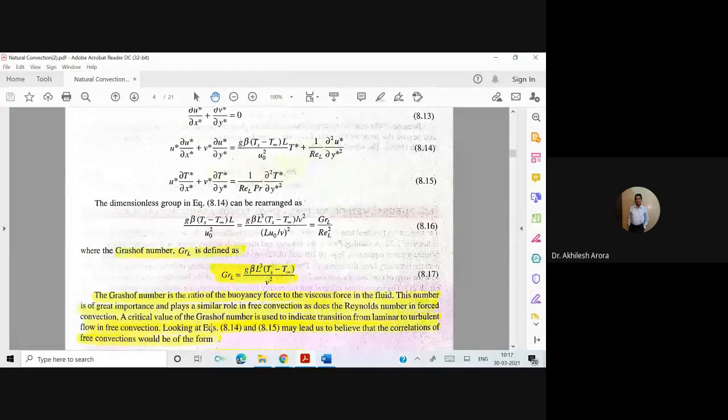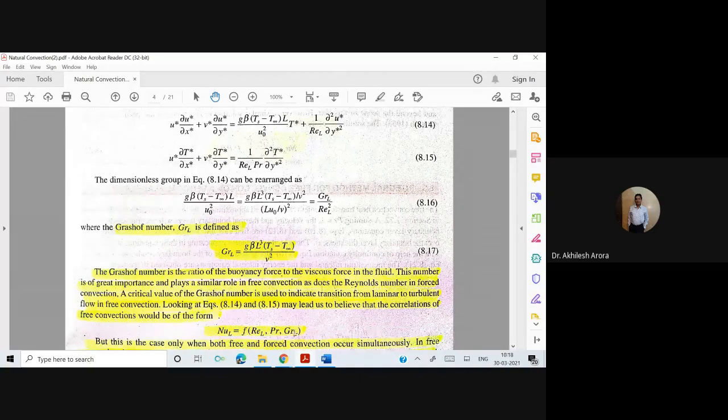Looking at these equations, the correlation for free convection would be of this form, where the Nusselt number means the local Nusselt number for the whole length of the plate. L stands for the length of the plate. It is a function of Reynolds number, Prandtl number, and Grashof number.